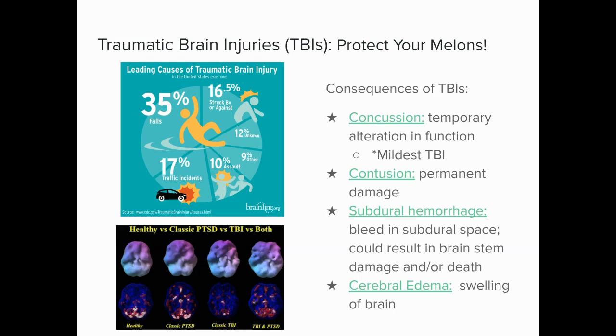CTE is something that is really bad. They followed athletes that play one of these high impact sports that there's a lot of head collisions with. And what's happening is the brain shrinks over time. It's disturbing, you guys, if you play one of these sports.